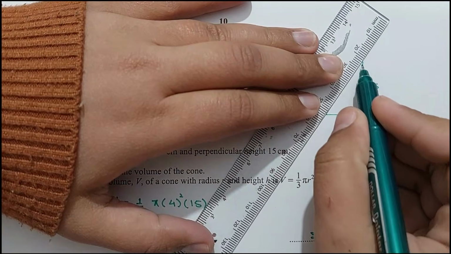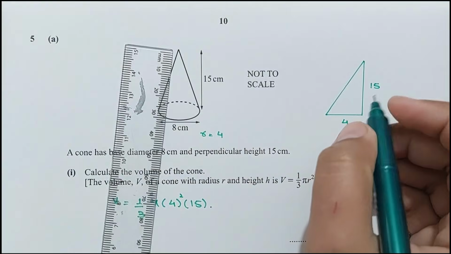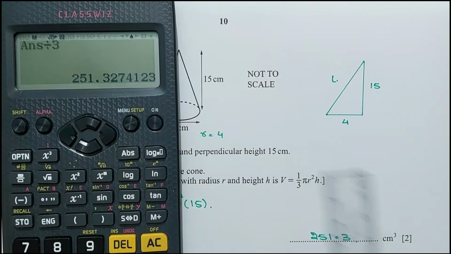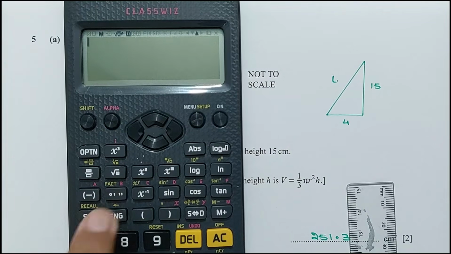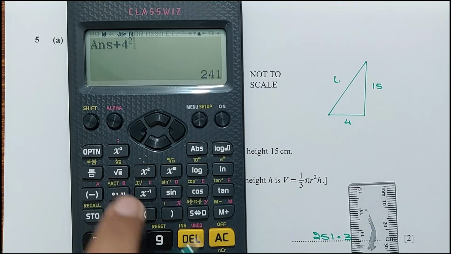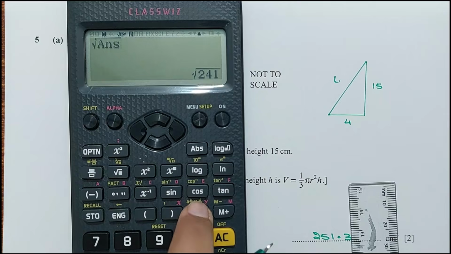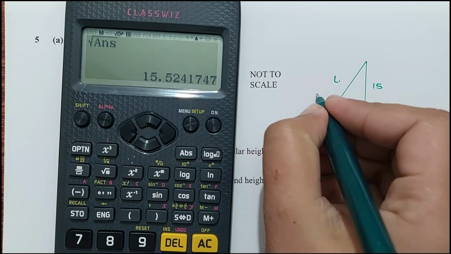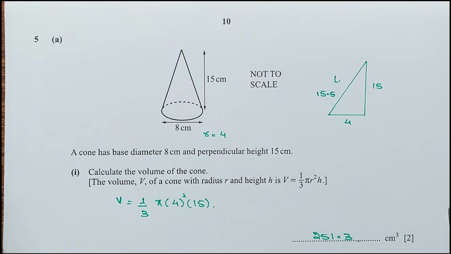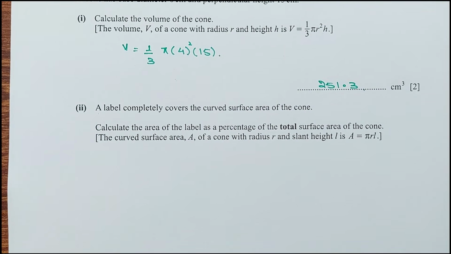What about the slant height? This is L, right? We can solve for L by using Pythagoras theorem, which is 15 squared plus 4 squared and square root of the answer, which is 15.52, right? This is the slant height L.